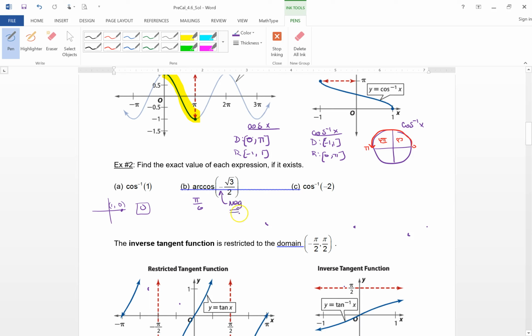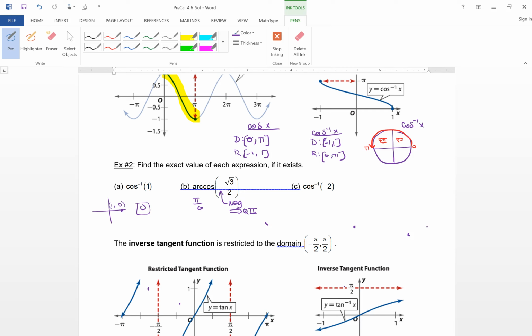Meaning, it's in quadrant number what? 2. Right? Remember, it can only live in 1 or 2. It's positive in 1. So cosine only lives here. It's positive here, it's negative there. So if it's negative, it must be in this quadrant.